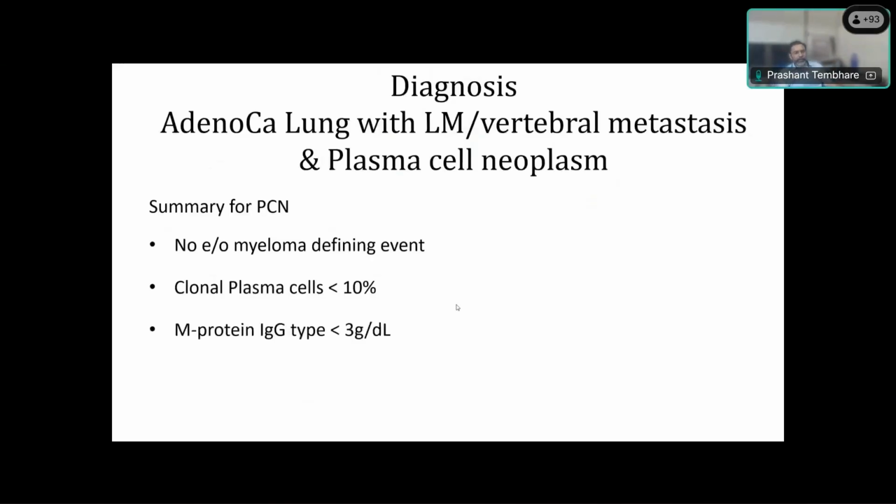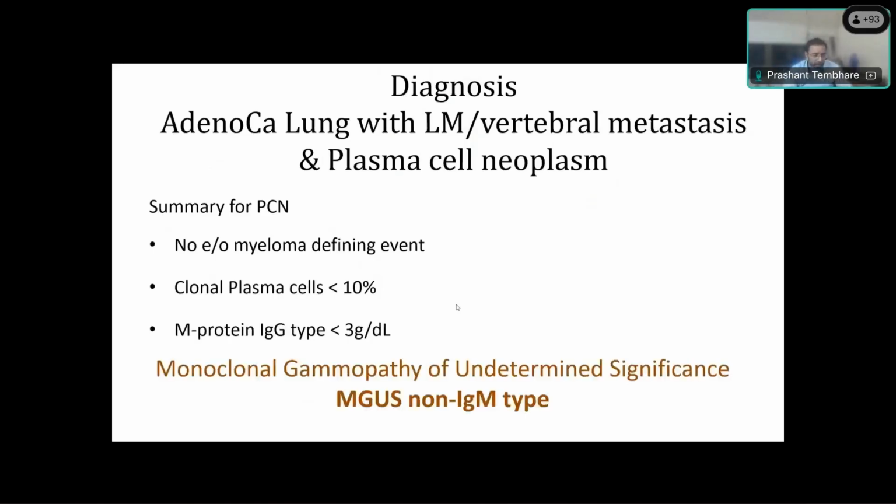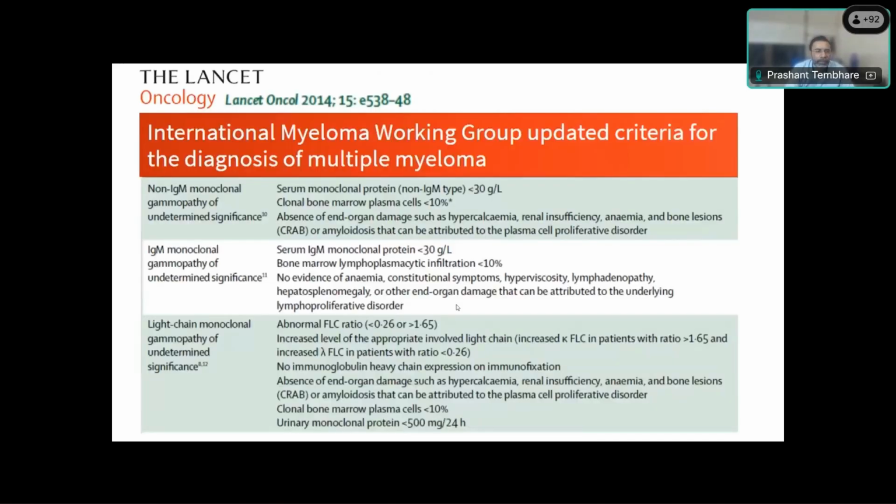M protein level was also less than 3 gram per deciliter. So this was a case of non-IgM type of MGUS, because MGUS is also classified as IgM and non-IgM. The IgM type of MGUS comes under Waldenstrom macroglobulinemia, MGUS related to Waldenstrom macroglobulinemia. But here this was a patient of MGUS which was detected incidentally in a patient of adenocarcinoma.